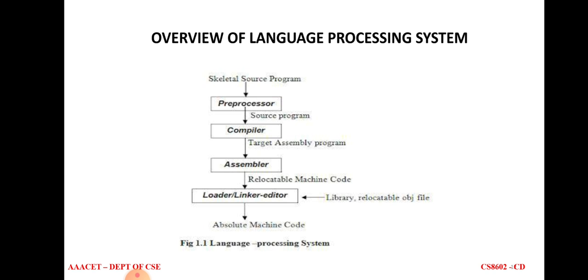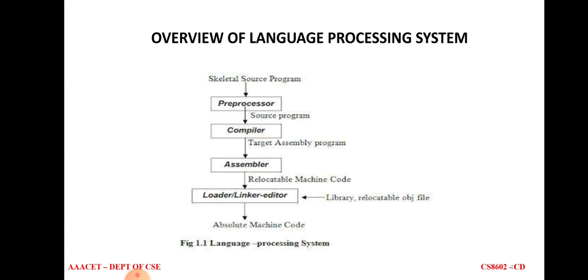The meaning of relocatable machine code is that the machine code can be placed in any location, that is, relocated. So we have to link all the machine code placed in various locations by using the linker. The linker is used to link all the relocatable machine code into a single location. And finally the loader.